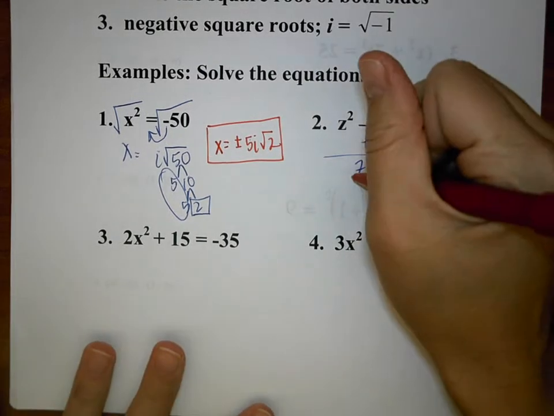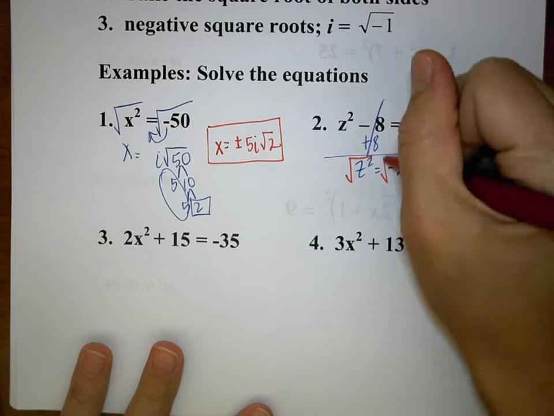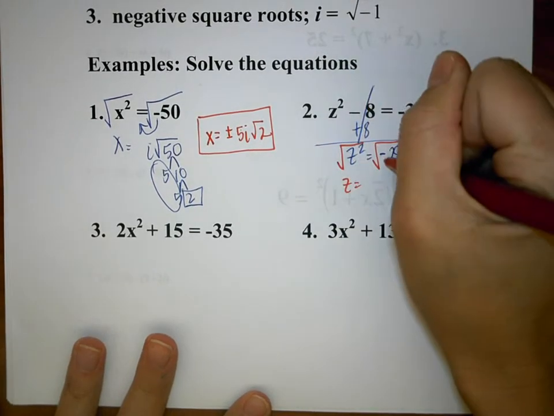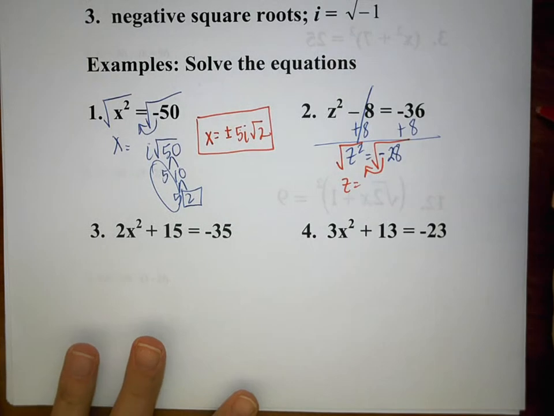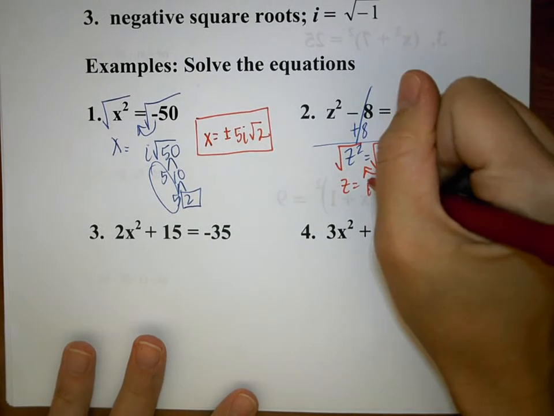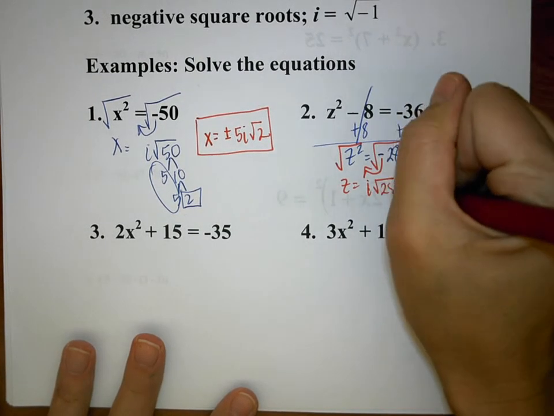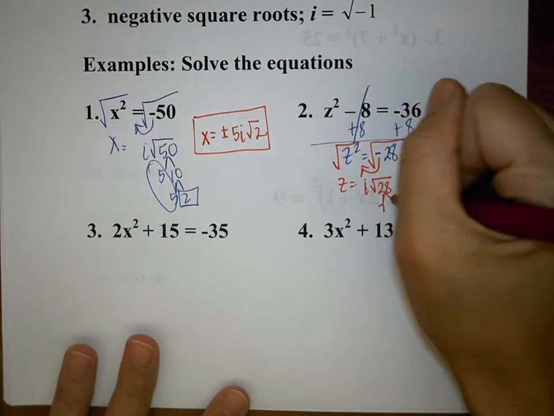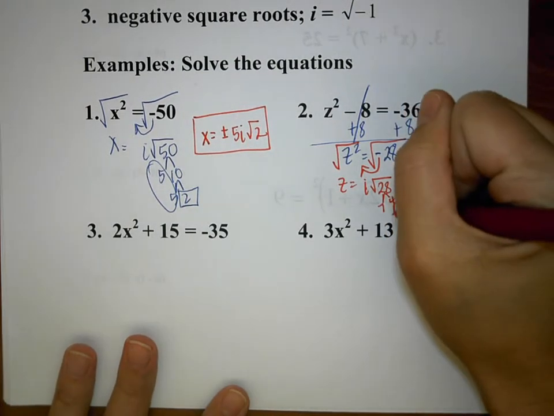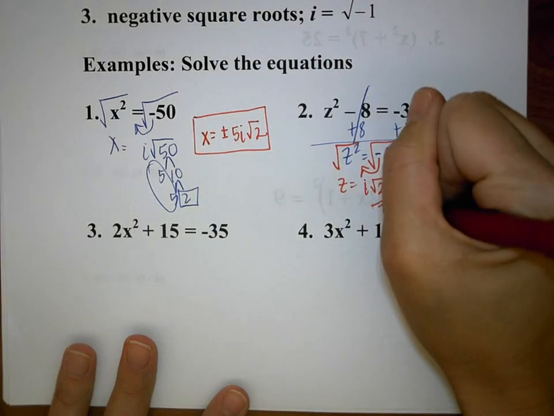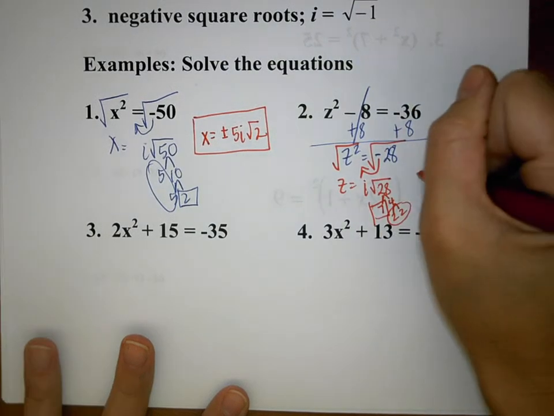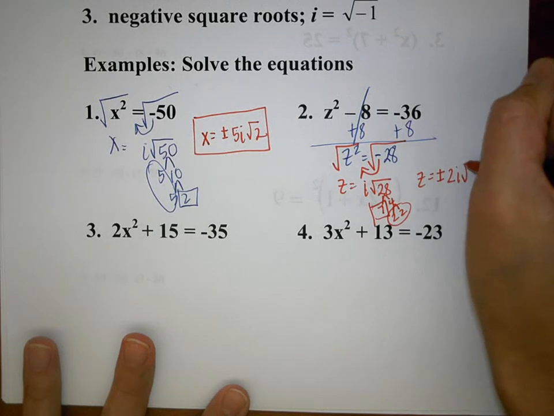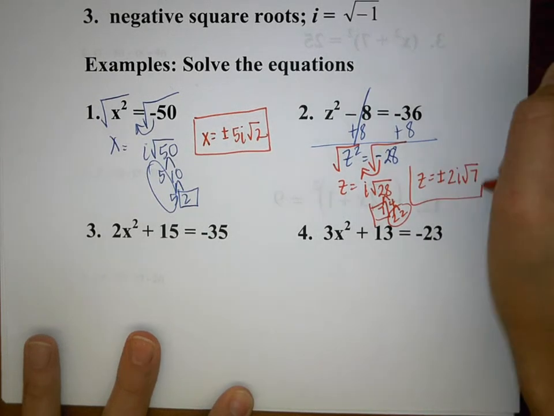Yes, so then we square root both sides. We get z equals, we take the negative out, and it becomes i root 28. Good. And then can 28 break down? 7 and 4, and then 4 is? So what do I end up with? Perfect.